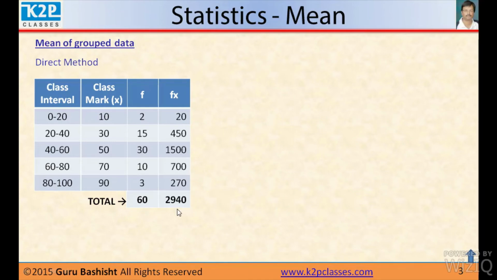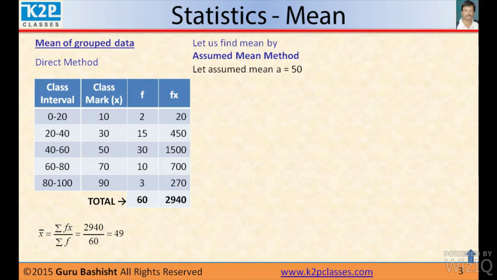Sigma fx is 2940, sigma f is 60. So mean is sigma fx by sigma f, 2940 by 60, 49. So this is the direct method to find the mean of group data. Why is it direct? We are applying the direct formula, sigma fx by sigma f.